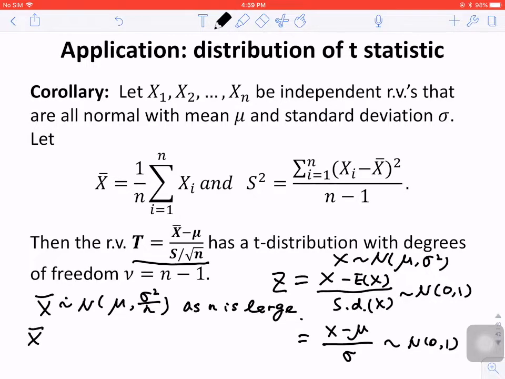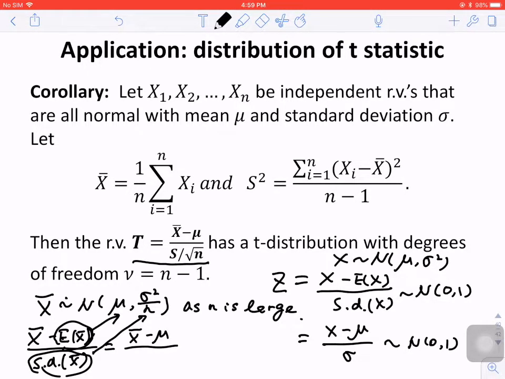So x bar minus its expectation, which is mu, divided by its standard deviation, the square root of its variance, which is sigma divided by the square root of n. This follows the z distribution.